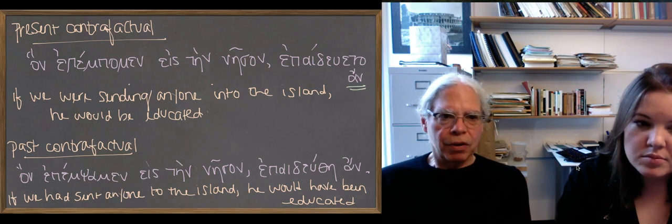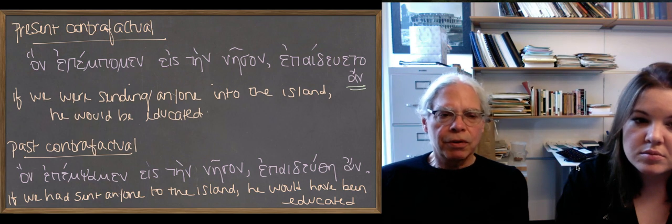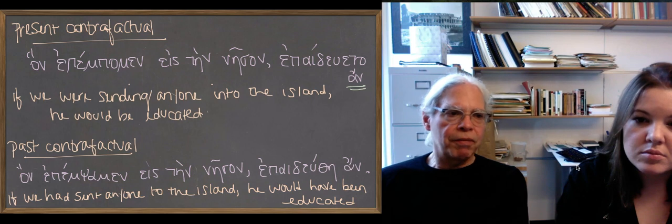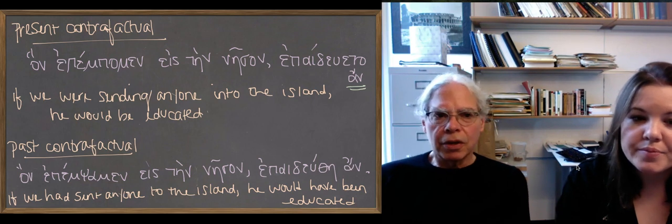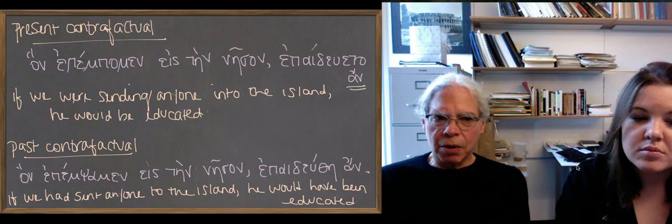What we've done is the if version. If we were sending anyone into the island, if you do it as a whomever clause, it's hard to get the contrafactual nature into the English. So if we were sending anyone into the island, he would be educated. And the past contrafactual with aorists substituted for the imperfects, epempsamen instead of epempomen, and epaideuthe, aorist passive, instead of epaideueto. If we had sent anyone into the island, he would have been educated.